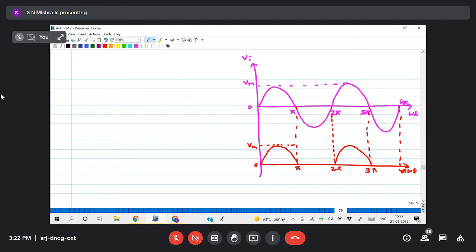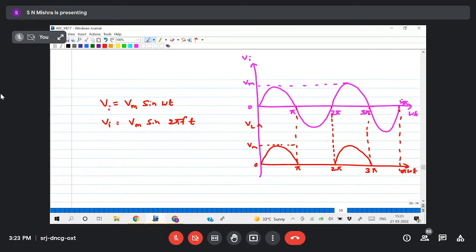So if I represent the input voltage, then what will I write? Vm sine omega t or Vm sine 2 pi ft. And this is your VL or V out.